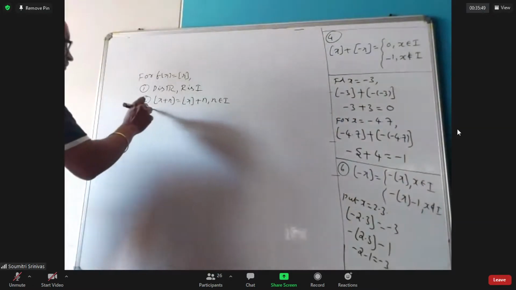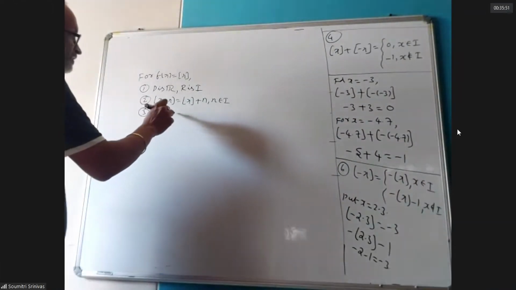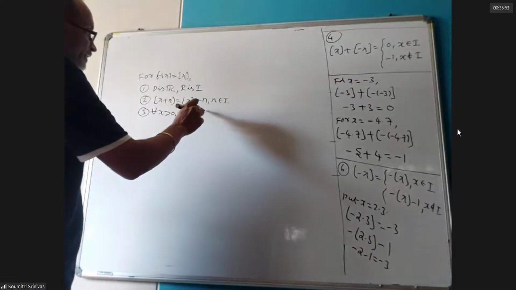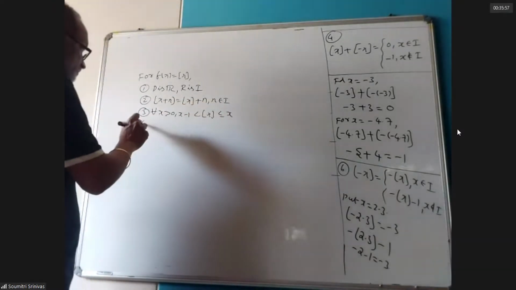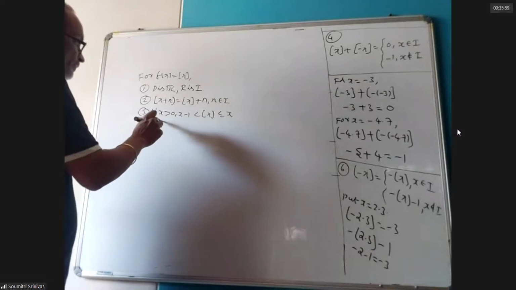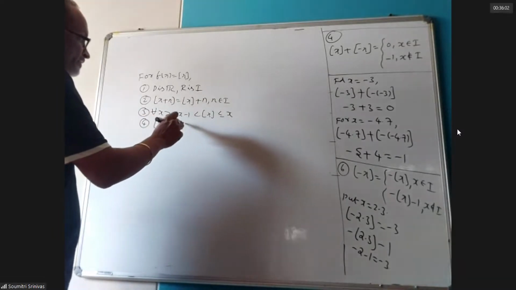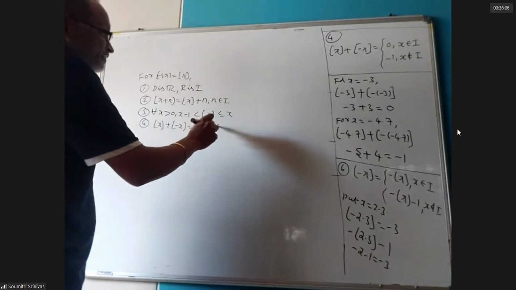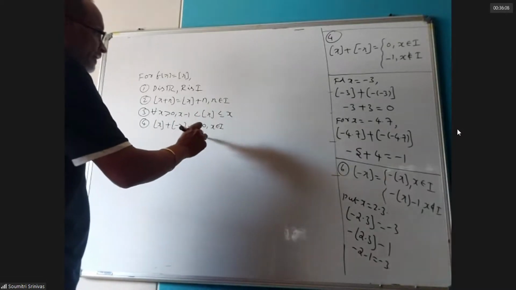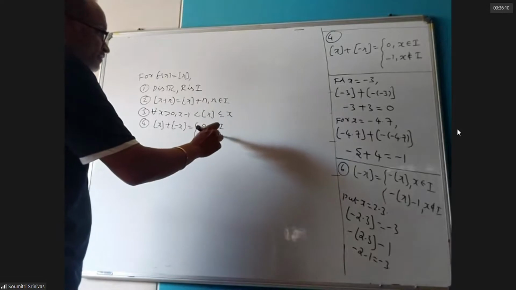Third point, for all x greater than 0, x minus 1 is less than step x is less than or equal to x. Fourth point, step x plus step minus x is equal to 0 if x is an integer, and minus 1 if x is not an integer.